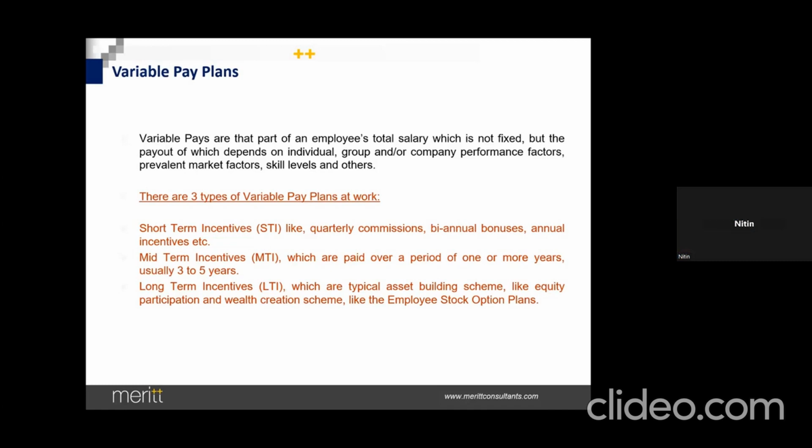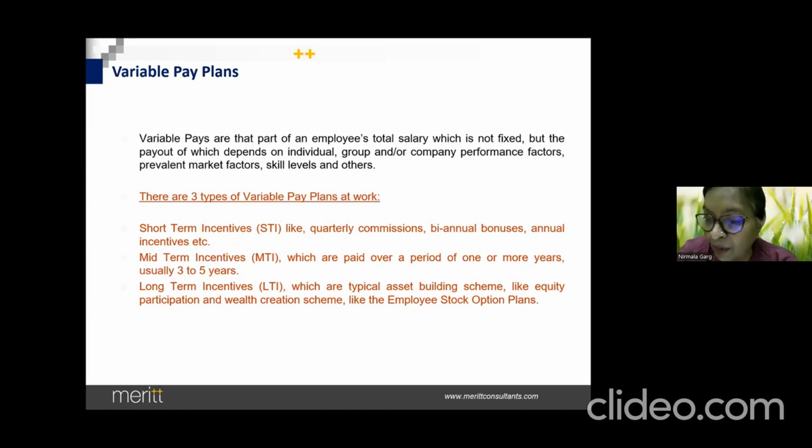I wanted to ask about gratuity, which is when you complete 5 years within an organization, you get gratuity, right? Does that come under LTI? No, no, no, that is different. That is statutory. When we talk about gratuity, it is a statutory, mandatory social security by law.